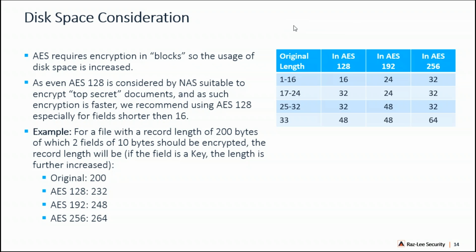Okay, let's see the disk space consideration. Data, when it is being encrypted, it is the AES standard of encryption, which is the de facto standard in all the world, and it does the encryption in blocks. It means that even if we have just 1 byte to encrypt, we need an additional 16 bytes of data when we use AES 128.